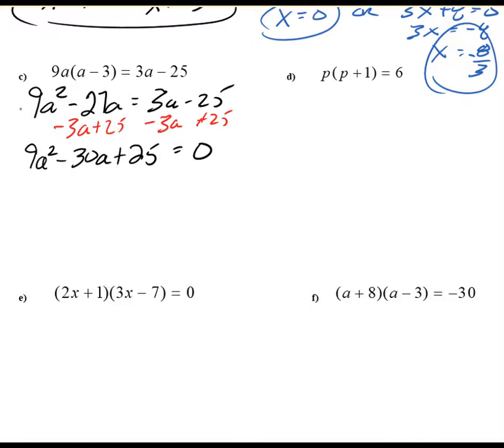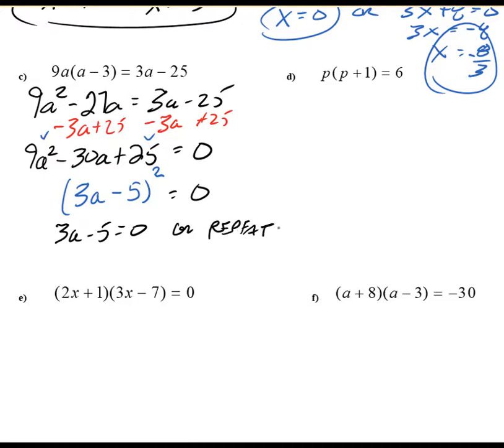We want to factor, and we notice when we factor this, it actually factors to a binomial squared. We have a perfect square trinomial. If you look at the first and last terms, this factors to 3a minus 5 quantity squared, and that's equal to 0. So if we set the factor equal to 0, 3a minus 5 equals 0, and then we basically get a repeat of that factor.